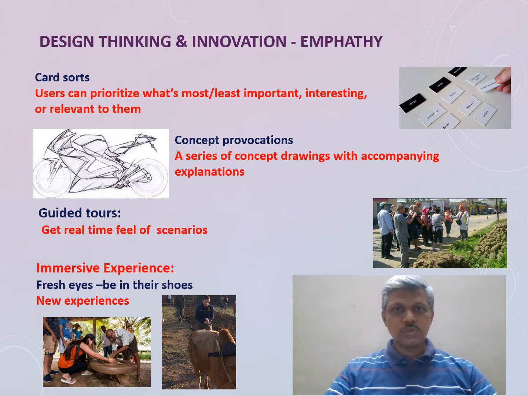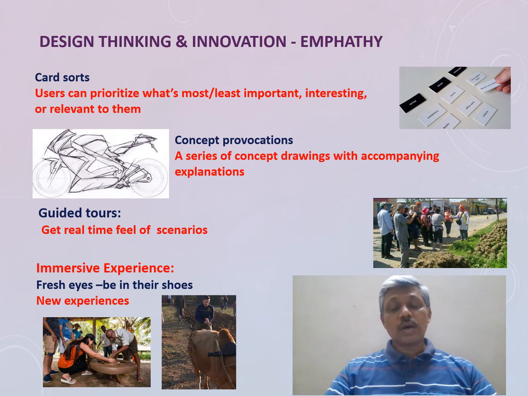We'll write all the issues that are being identified, all the facets of the problems, and ask them to prioritize on their own, so that they can prioritize which is important to them, and the sequential pattern also, if they identify, that is going to be more realistic and more appealing. So card sorts is an approach which is being widely used to prioritize the issues.